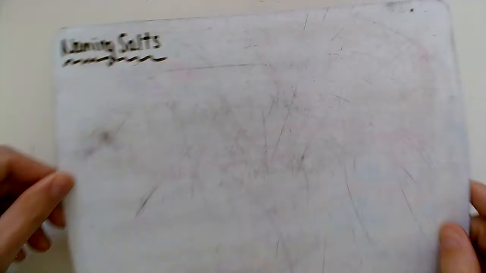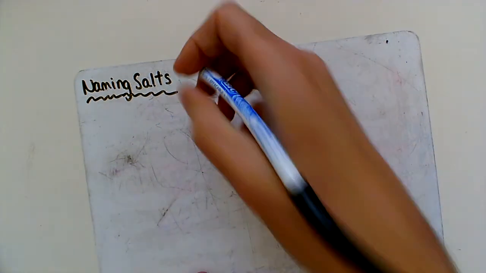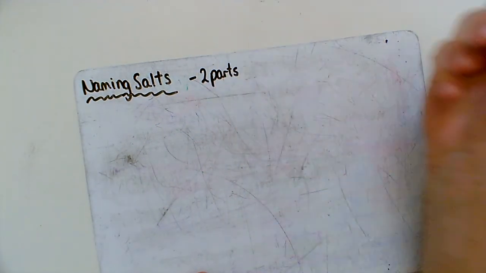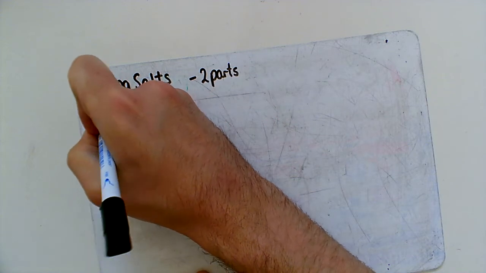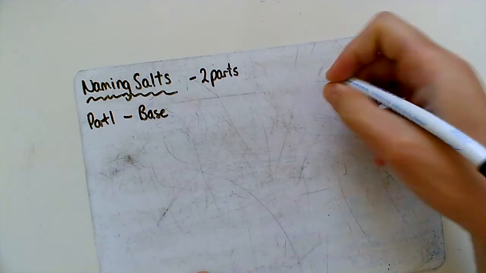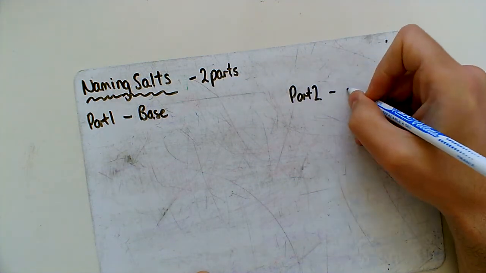So when it comes to naming salts, the names of salts have two parts. Part 1 comes from the base, and part 2 comes from the acid.